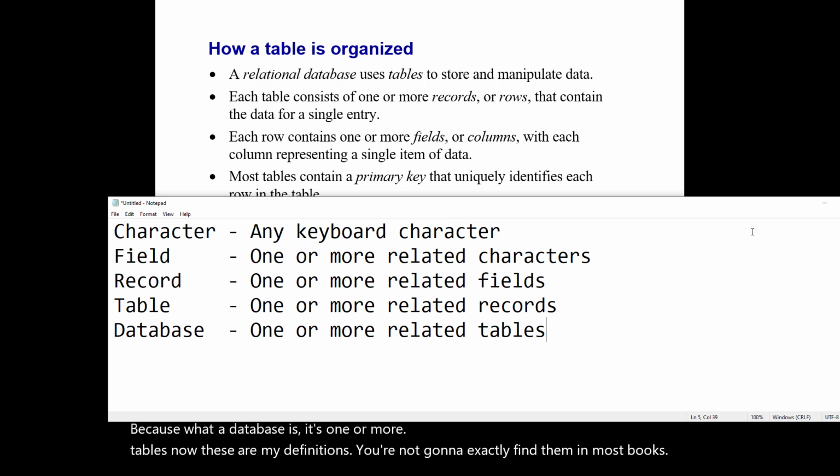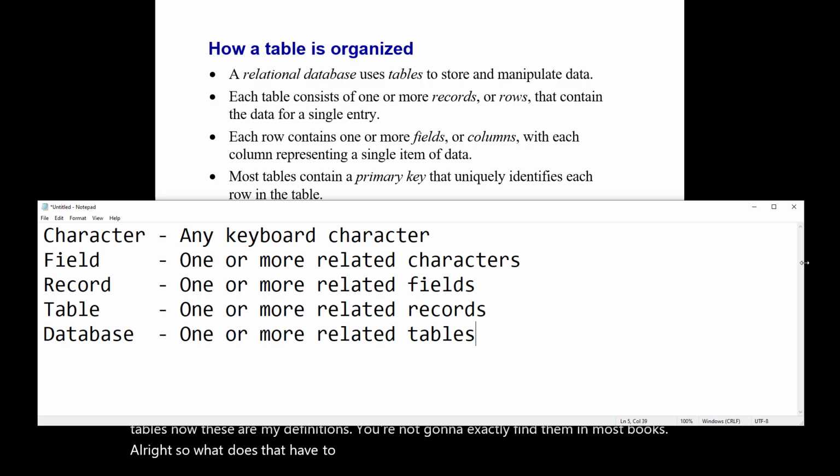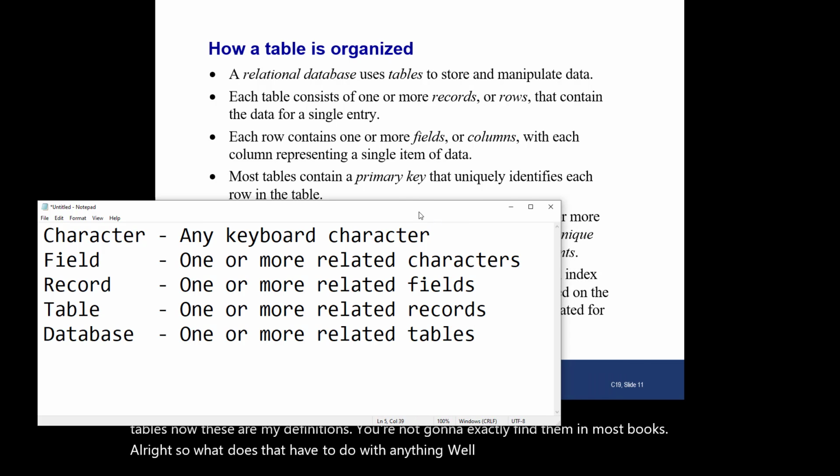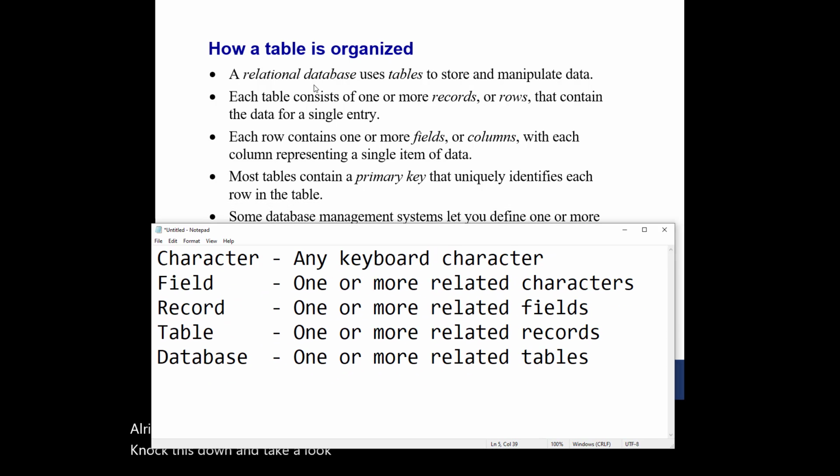All right, so what does that have to do with anything? Well, let's knock this down and take a look at what's in here. We're going to be working in this course with a relational database, or maybe even 2 different types of relational database management systems. As it says, a relational database uses tables to store and manipulate data.